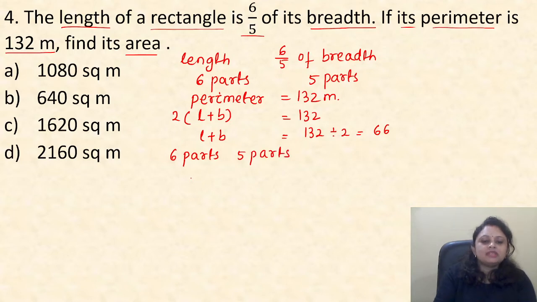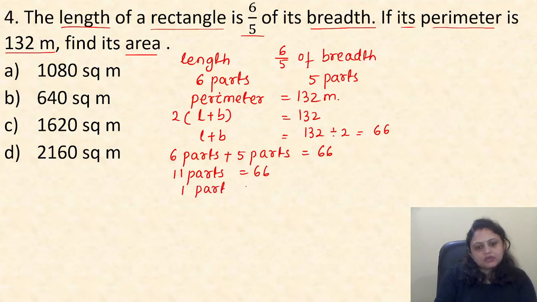So length plus breadth, 6 parts plus 5 parts, is equal to 66. That means 11 parts is equal to 66. So 1 part is equal to 66 divided by 11, that is equal to 6 meter.